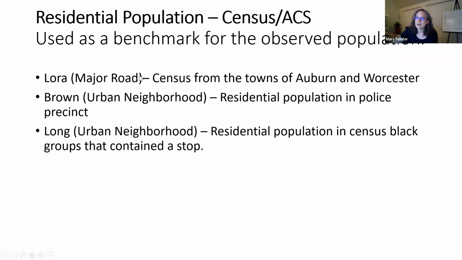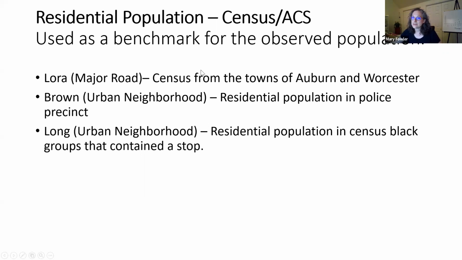So the Laura case was a stop on a major road in Massachusetts, the Route 290. In the analysis, the racial distribution of the observed population was estimated or benchmarked with the census from the towns of Auburn and Worcester.